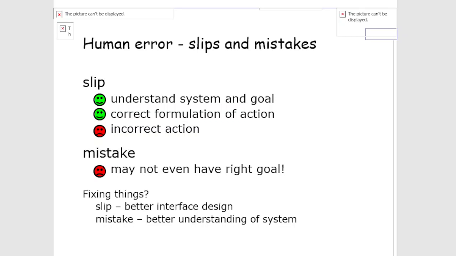Mistakes are when you don't understand the system and your intention is very different from the goal. So these are slips and mistakes. And fixing them: if it is a slip, then you could just do better interface design. But if it is a mistake, then you should first have a better understanding of the system.